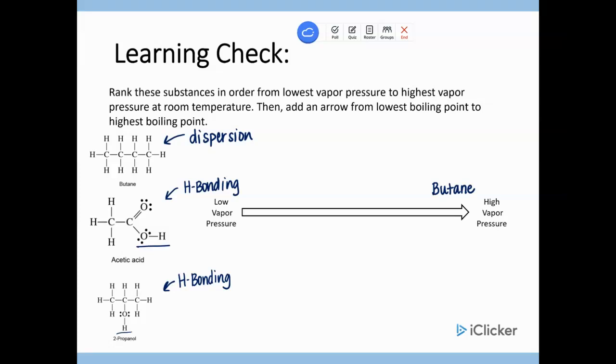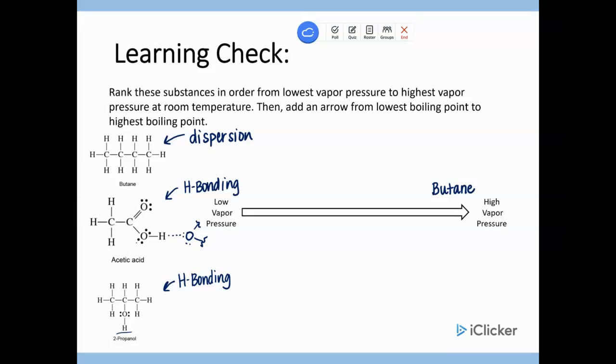Between 2-propanol and acetic acid, they both have hydrogen bonding interactions. So we need to consider at how many locations on the molecule hydrogen bonding interactions can occur. Between two acetic acid molecules, that hydrogen bonded to oxygen can hydrogen bond with another oxygen from another molecule. So there's one hydrogen bonding interaction.